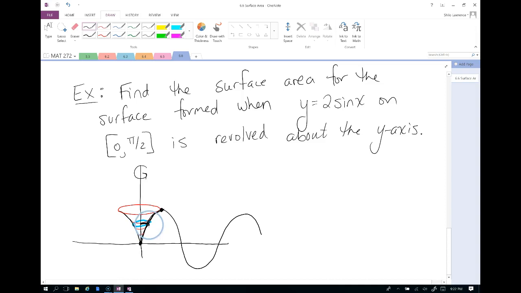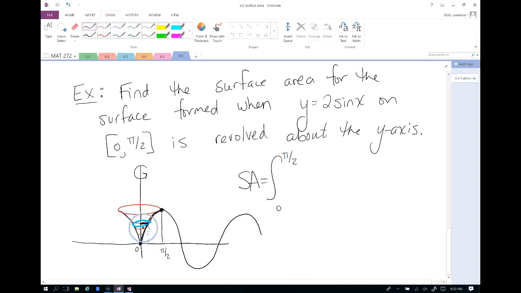That radius is somewhere between 0 and pi over 2. And as a matter of fact, we will have a circle for every single possible radius between 0 and pi over 2. So for our surface area calculation, we're integrating from 0 to pi over 2.